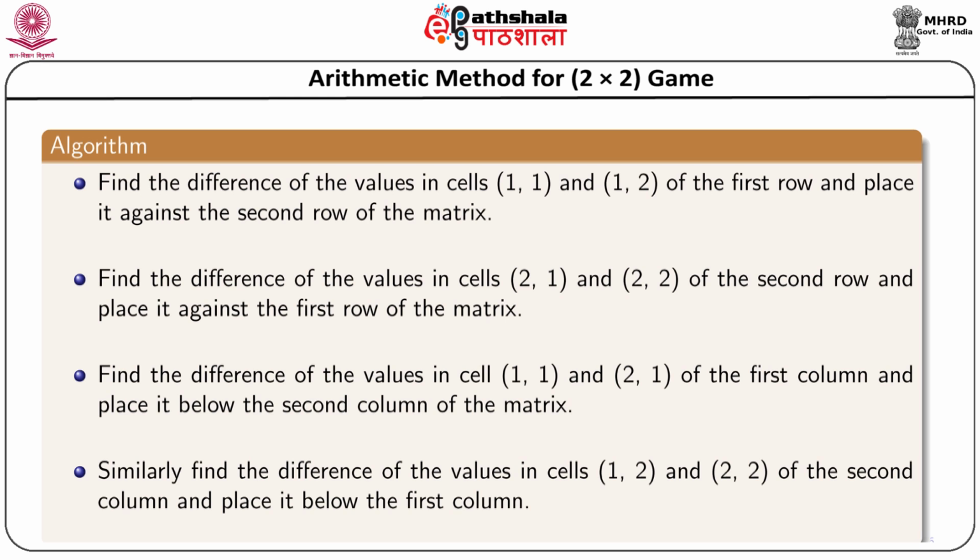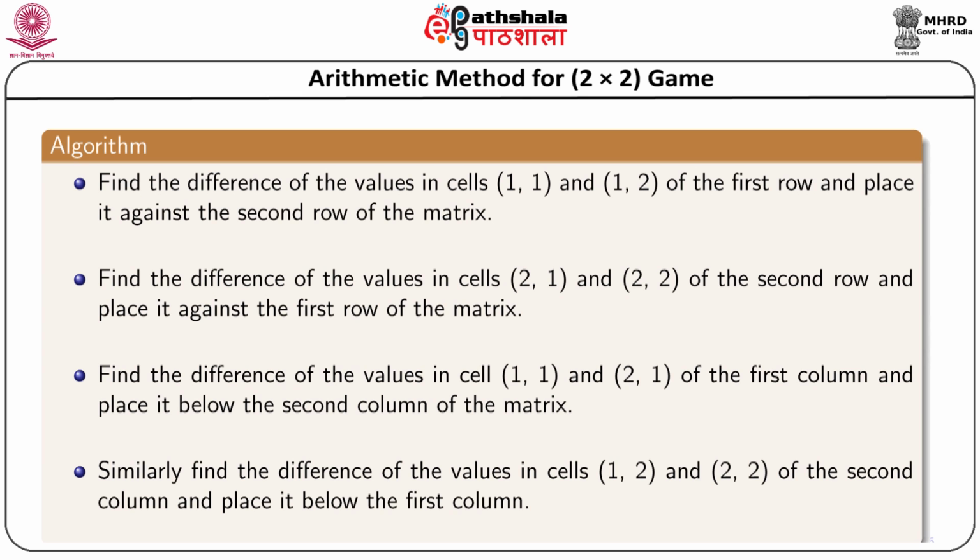In step 1, find the difference of the values of cells 1 1 and 1 2 of the first row and place it against the second row of the matrix. Then find the difference of the values in cells 2 1 and 2 2 of the second row and place it against the first row of the matrix. In step 3, find the difference of the values in cells 1 1 and 2 1 of the first column and place it below the second column of the matrix.